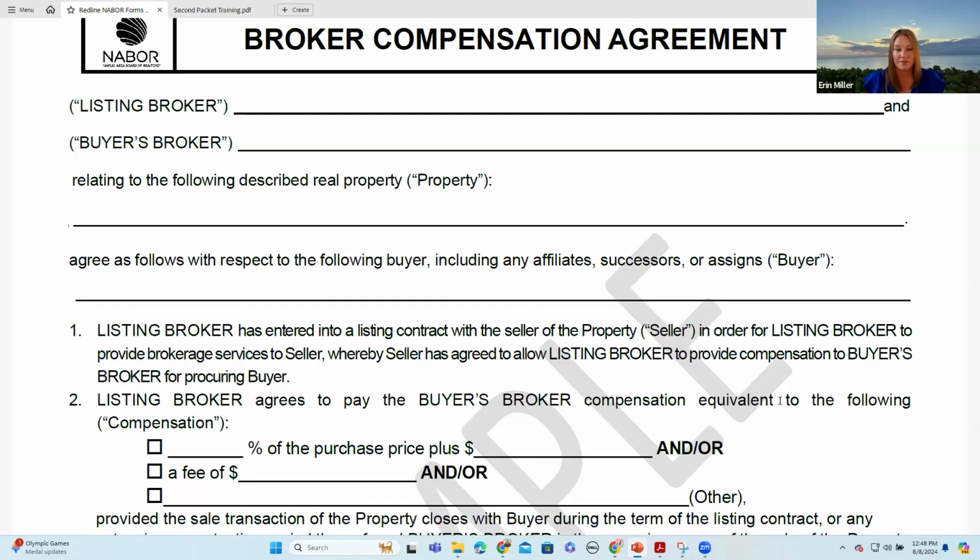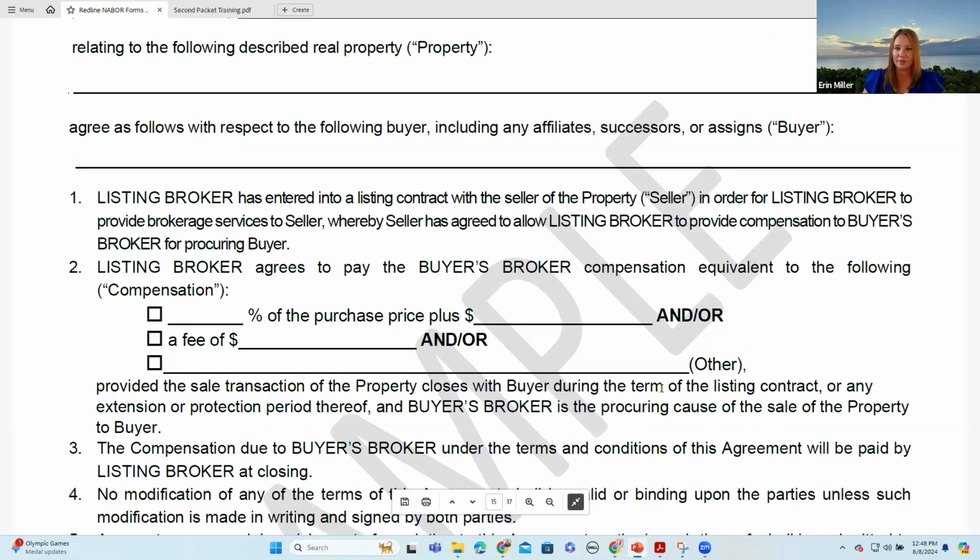And they agree with respect to the following buyer. Insert your buyer or buyer's name. Paragraph 1 is just sort of explanatory: listing broker has entered into a listing contract with the seller of the property in order for listing broker to provide brokerage services to the seller, whereby the seller has allowed the listing broker to provide compensation to a buyer's broker for procuring a buyer.